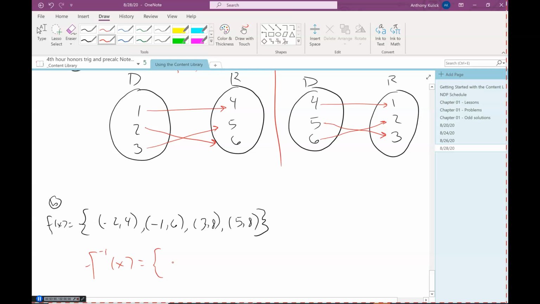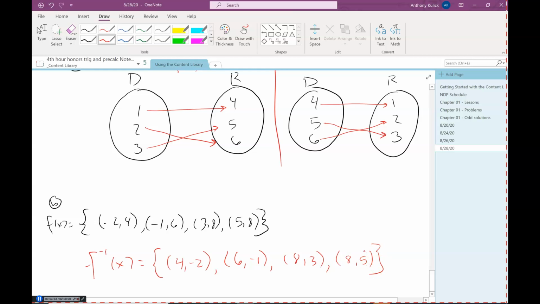What's the inverse for this function got to be? What's the first ordered pair got to be in this inverse? I'll do it for you guys then. Should be 4, negative 2. What would the next ordered pair be? Go ahead. Excellent. And then the next one? 8, 3. Very good. And the last one? 8, 5.